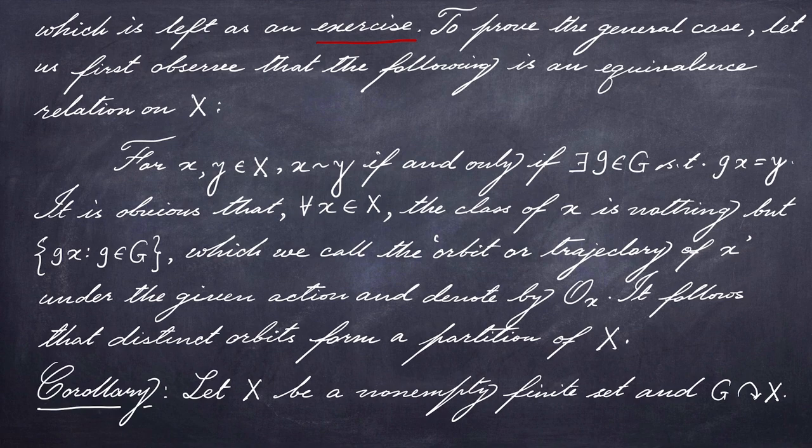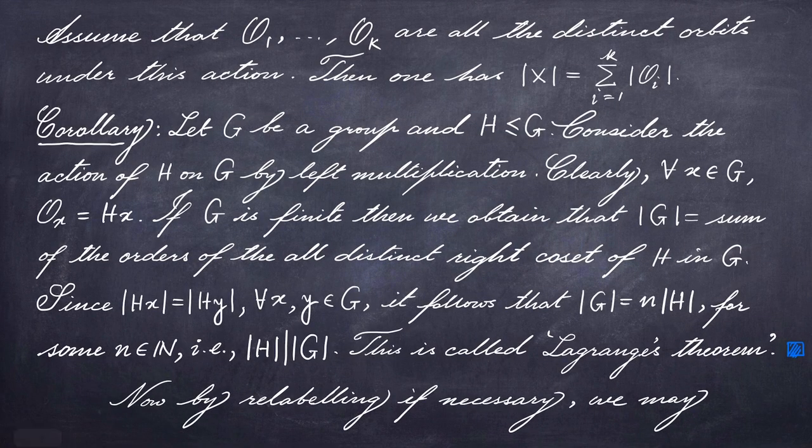Before we go further, let me deduce a few corollaries, an important corollary of this. So if X is non-empty and finite, and we denote the distinct orbits by O_1 up to O_k, then since X is the disjoint union of the orbits, it immediately follows that the number of elements in X is nothing but the sum of the number of elements in those orbits.